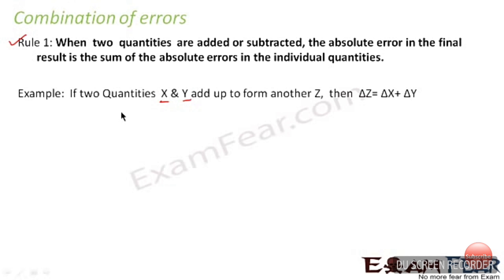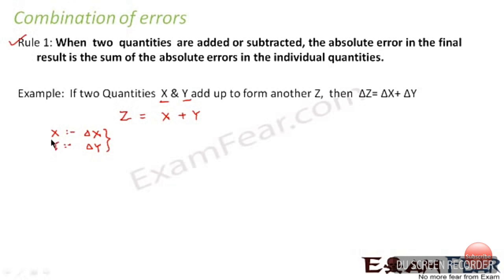We will now see how. We are saying that z is a physical quantity which is the sum of two physical quantities x and y. Now let us suppose that the quantity x involves an absolute error of delta x in its measurement, and the quantity y involves an error of delta y in its measurement.